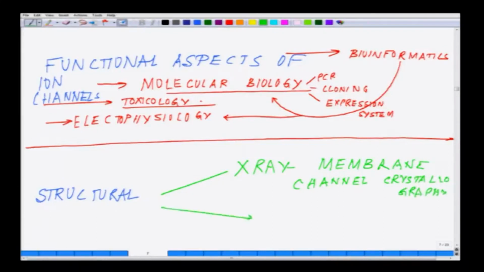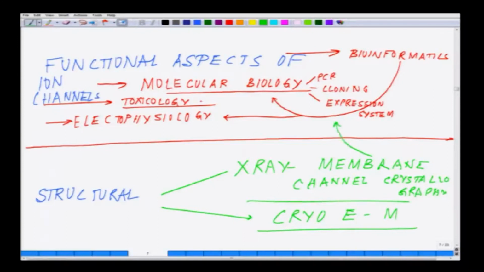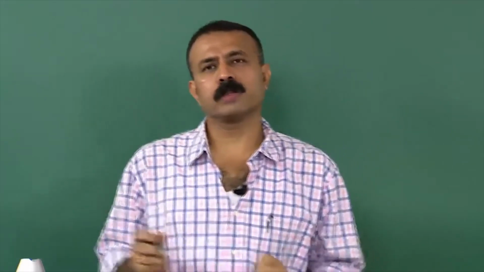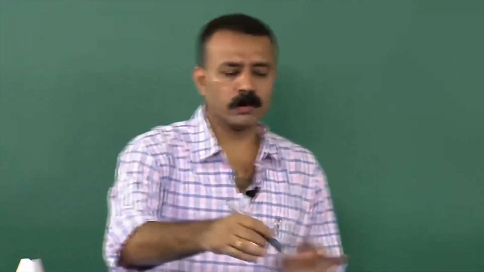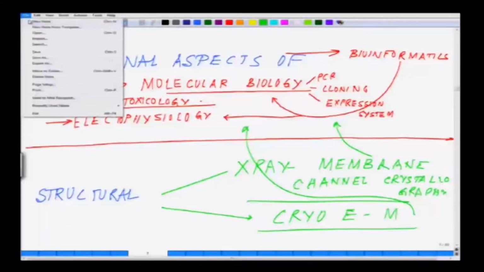Then you have cryo electron microscopy, cryo-EM. So, all these are adding more and more information about the smallest filter system, or smallest filtering machine of the biological world once again.